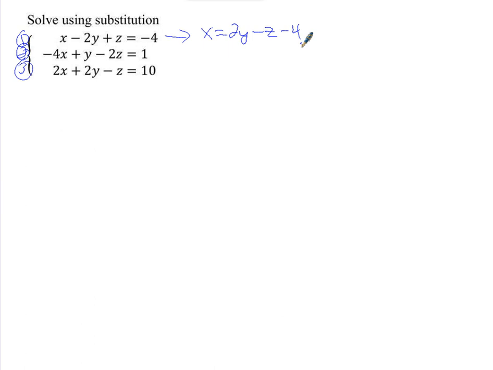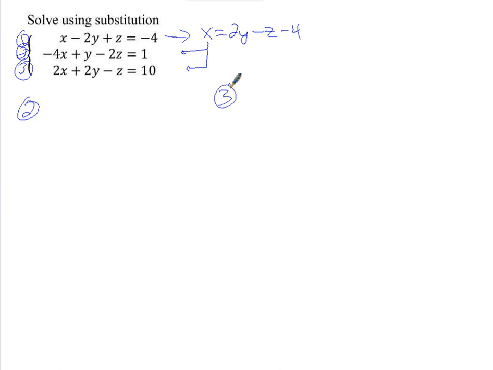What do I do with that? Use it and plug this x into both of these other two equations right here. You don't have to draw those arrows, but that's the idea. Okay? So I'm going to take equation 2, and then I'm going to take equation 3 and substitute that x value in.